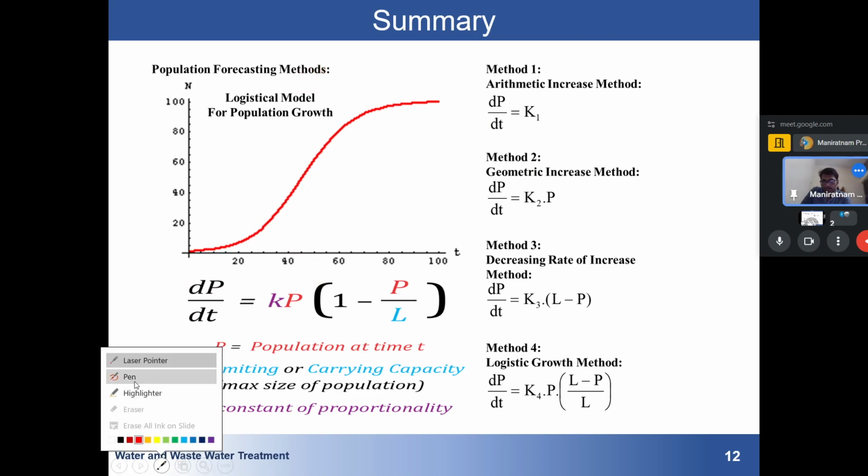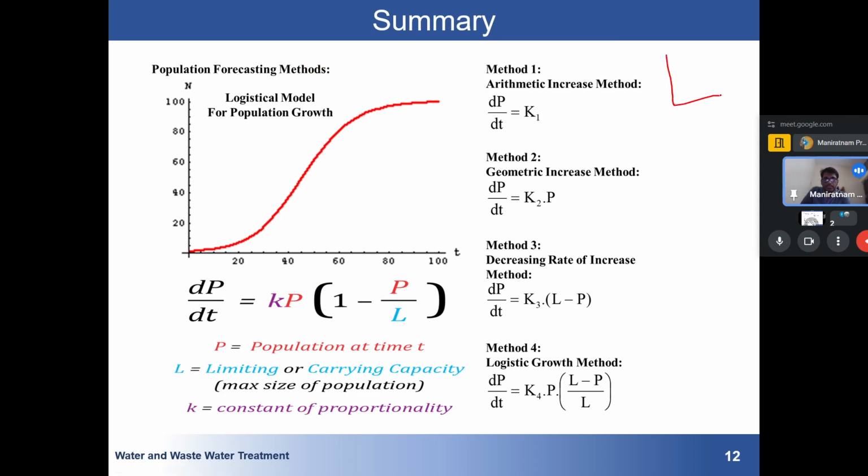I will draw it. When we say arithmetic, population is increasing in this manner. When we say population is increasing geometrically, it is increasing in this manner, or this manner. Similarly, the incremental method is in between these two, but it has been seen that population increases in this manner.